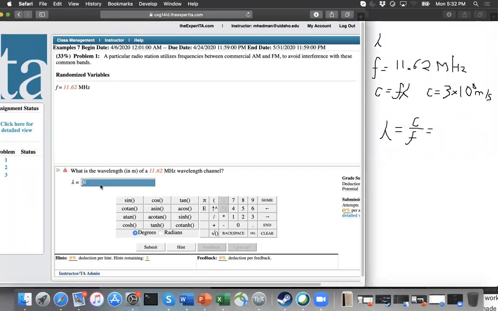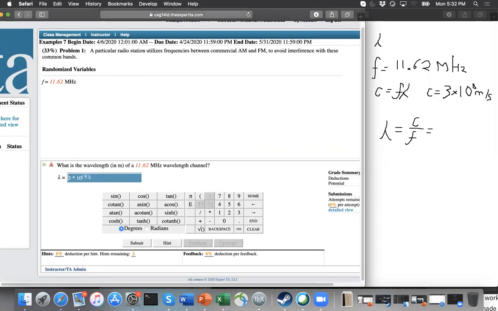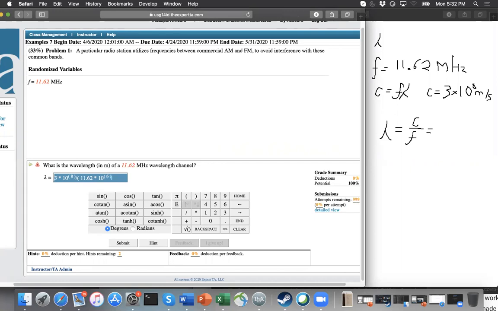So what we can say is it's going to be 3 times 10 to the 8 over parenthesis 11.62, but then we have to multiply that by 10 to the 6 because it's megahertz. That should be the expression, and we could submit that.